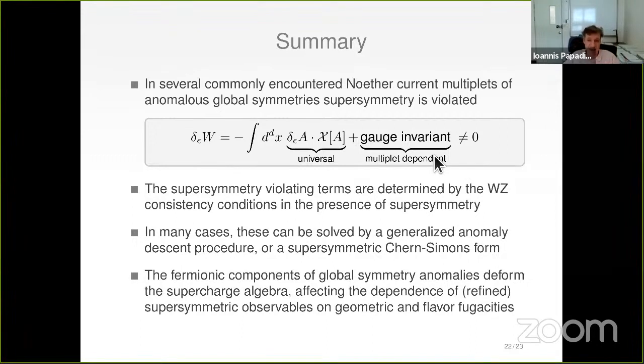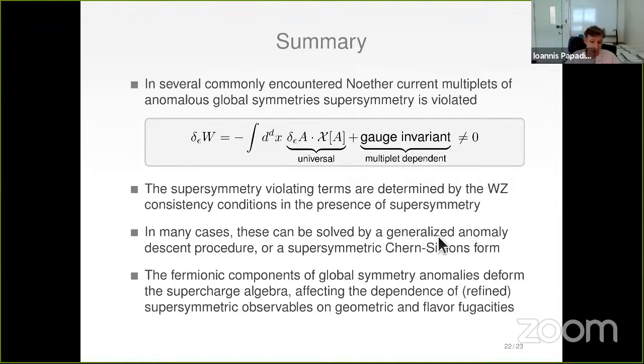Generically, all terms are determined by the Wess-Zumino conditions, but this can be solved systematically either by some generalized anomaly descent procedure or via a supersymmetric Chern-Simons form, whenever the multiplet admits one.